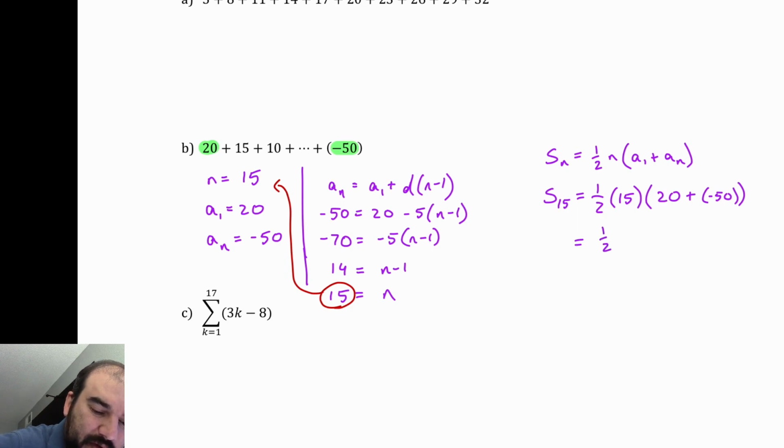So 1/2 times 15 times -30, which is 15 times 15, negative 225.